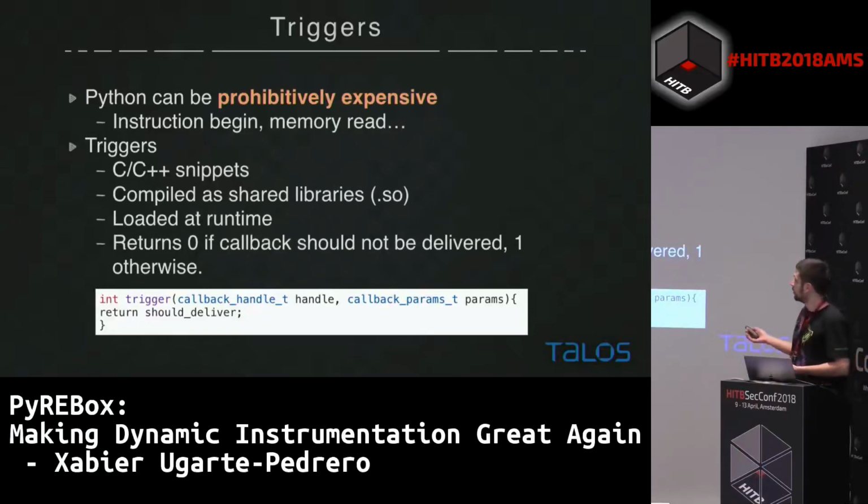What I did in order to mitigate this problem is to introduce the concept of triggers, which are small snippets of C or C++ code that get compiled and loaded at runtime. A snippet like this will just receive the callback parameters and return a very simple Boolean value, saying whether the callback should be delivered to the Python handler or not.